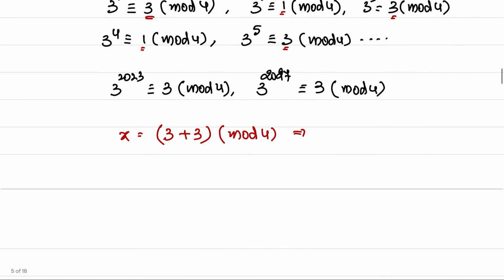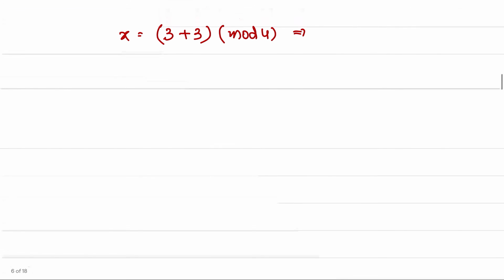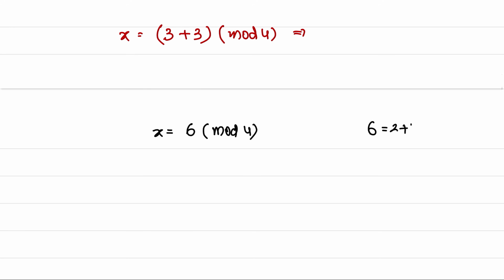That implies x is equal to 6 mod 4. Because 6 is equal to 2 plus 4, that means 2 mod 4.